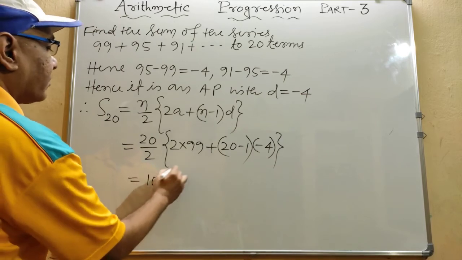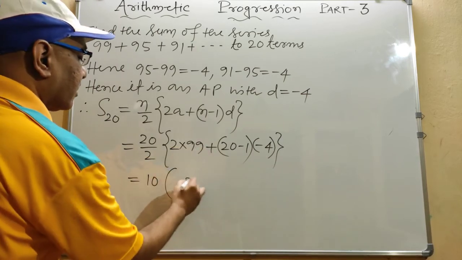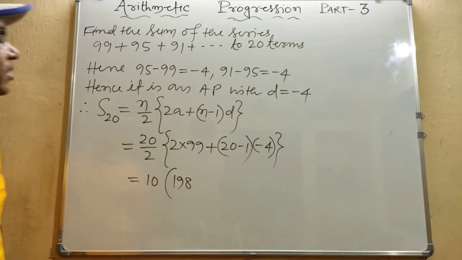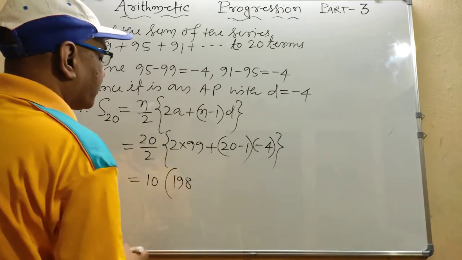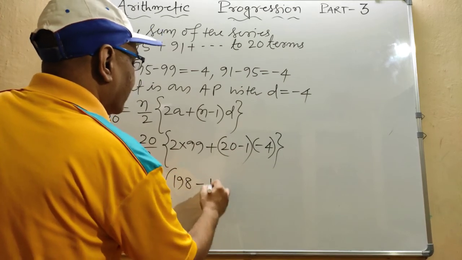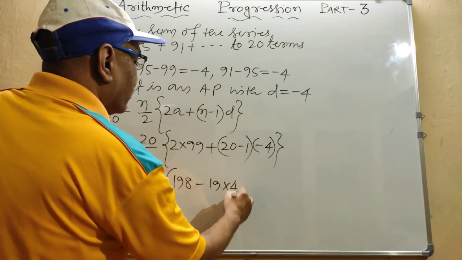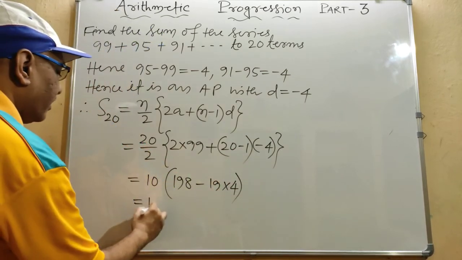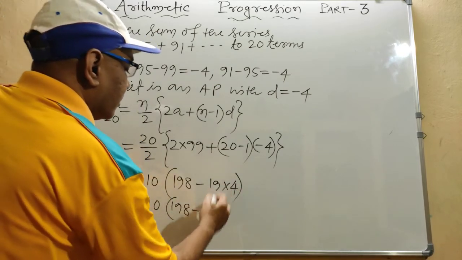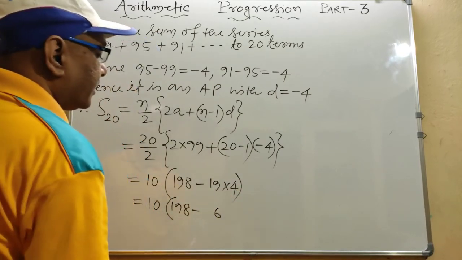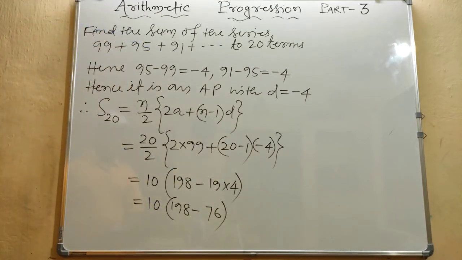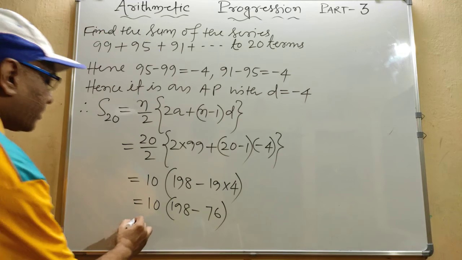It is 10, it is 198, it is 19, it will be minus 19 into 4, 10 into 198 minus 76. So let us subtract.